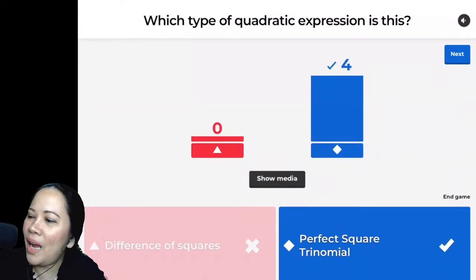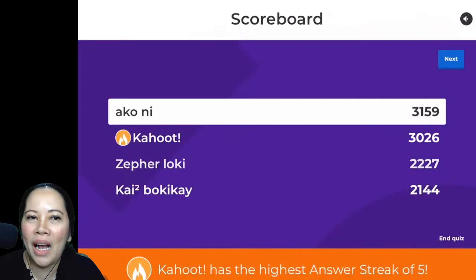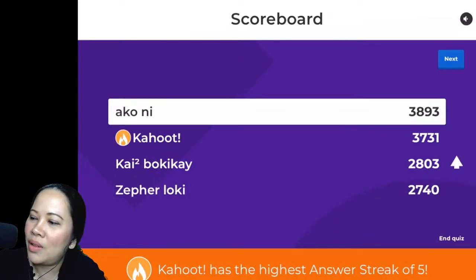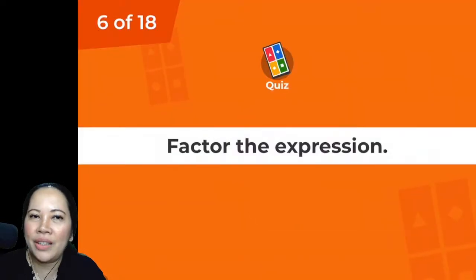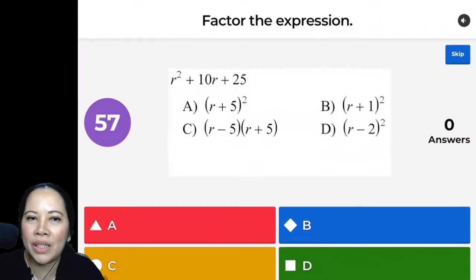Yes, that is correct. Now you will be asked to factor it. Factor the expression then. If it's a perfect square trinomial, what would be its factor?